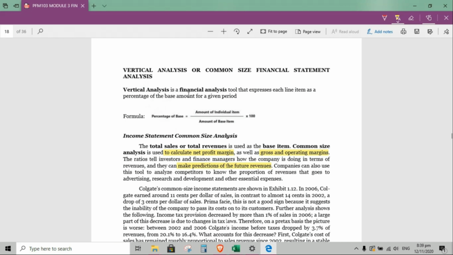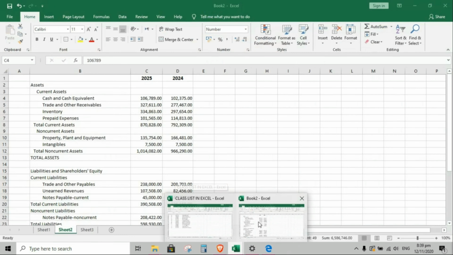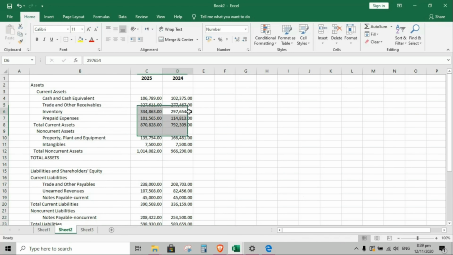Okay, so dito sa vertical analysis, ang kino-compute natin is yung mga items sa financial statements, yung bawat item sa isang taon. So, say for example, in the horizontal analysis, ang ginawa natin, itong magkatabing taon yung kinompute natin.